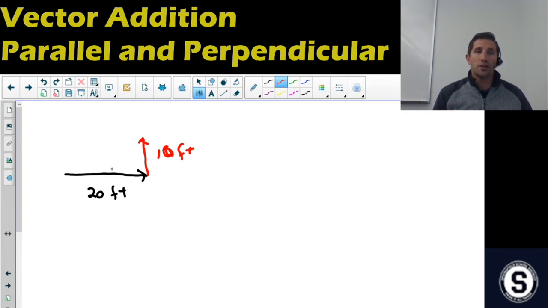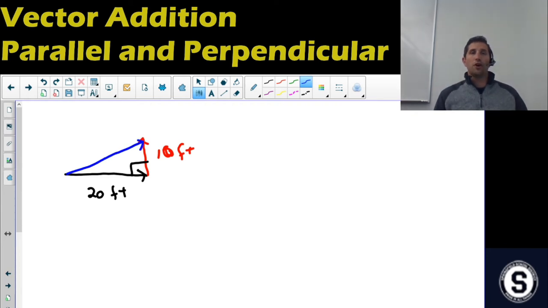Since these are perpendicular to each other, at a right angle to each other, let's draw that in here. They make a 90-degree angle. What we can do is connect them with a line, starting at the tail of this vector and going towards the tip of that vector. So we draw a line in this direction.